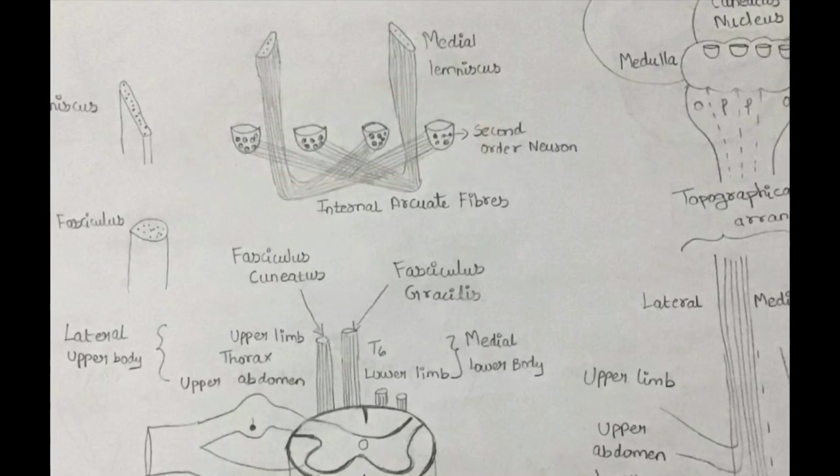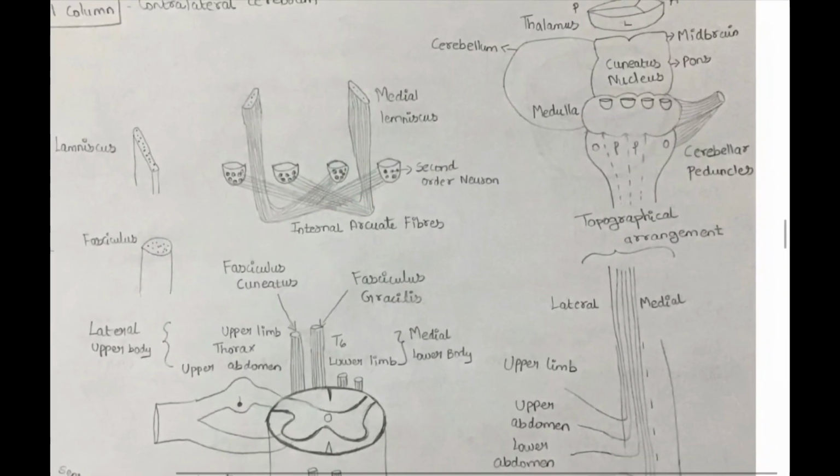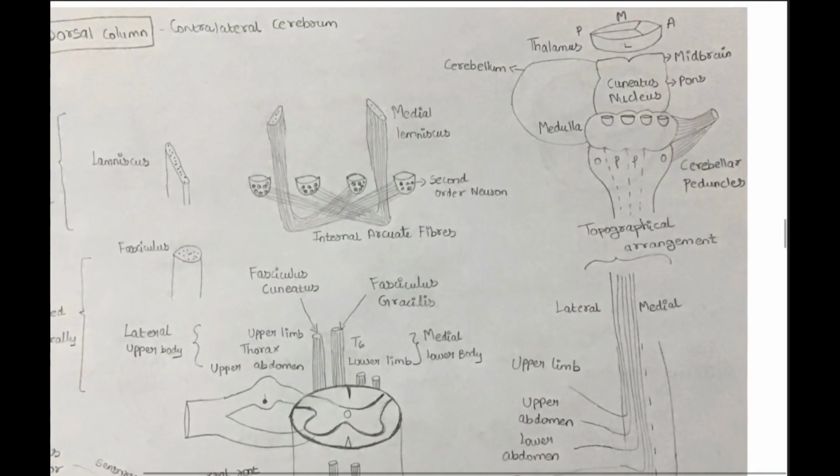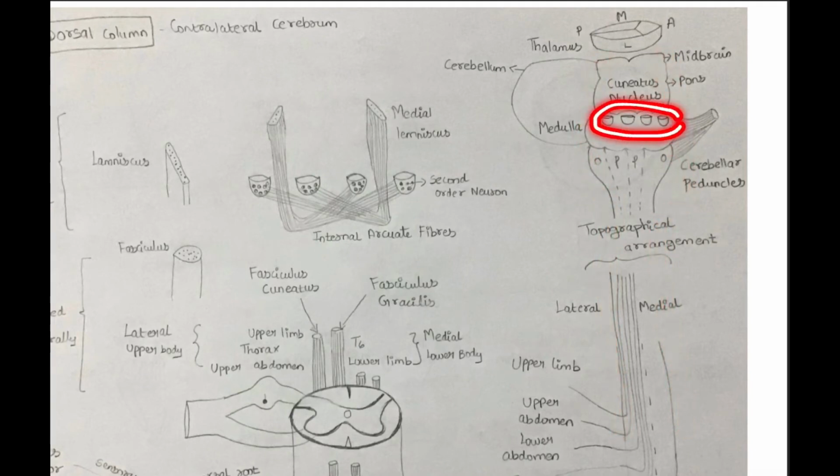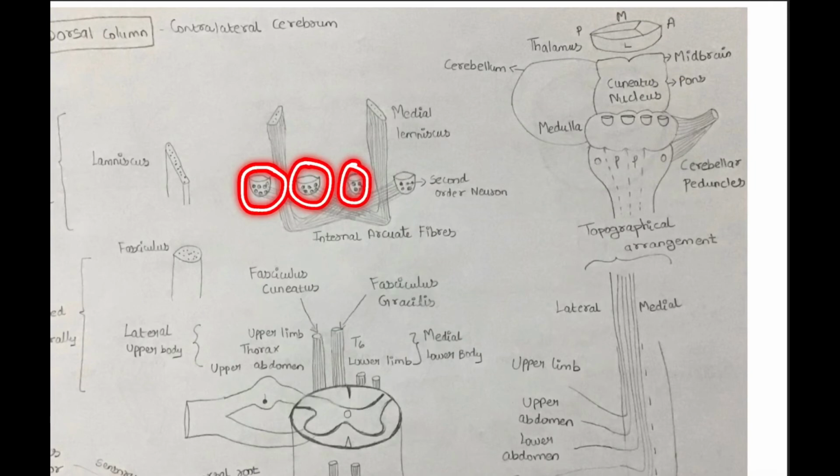These nuclei are located in the medulla oblongata. You know that here you have the spinal cord, brainstem, medulla oblongata, pons, midbrain. I hope you are familiar with these structures, and you have these nuclei located here in the medulla oblongata. In these nuclei you have the second order neurons.